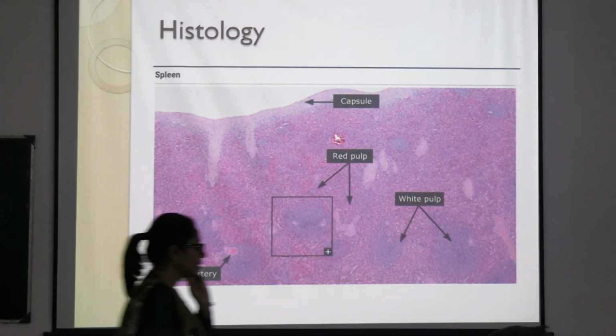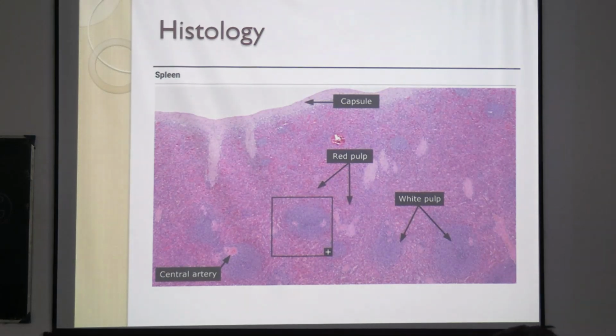Now what is this? This is what we were talking about, histology of spleen. First of all, what is this? Capsule. The spleen is covered by a capsule. And what are these things coming down? Trabeculae, they come down from the capsule. What are these things?